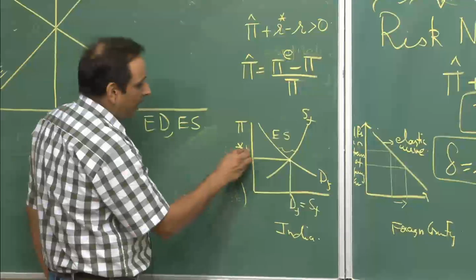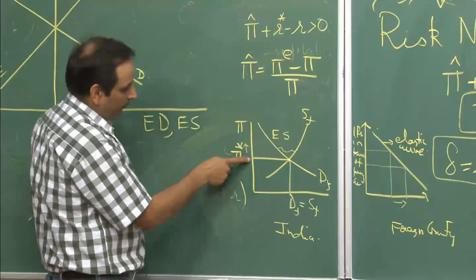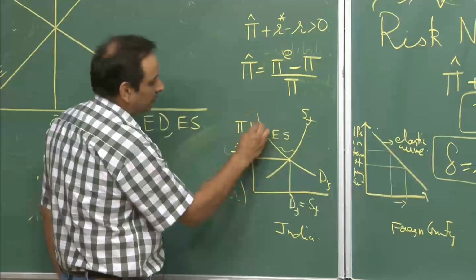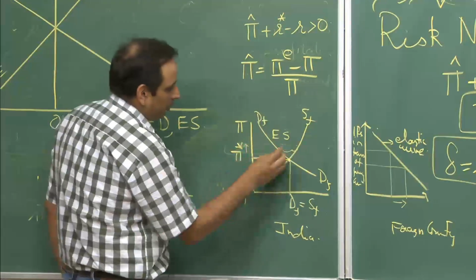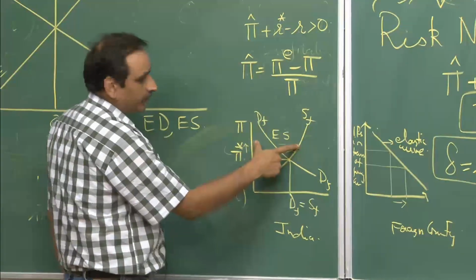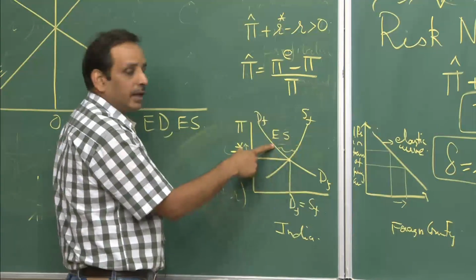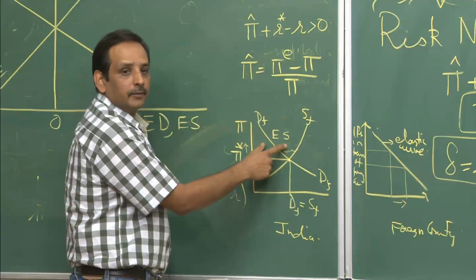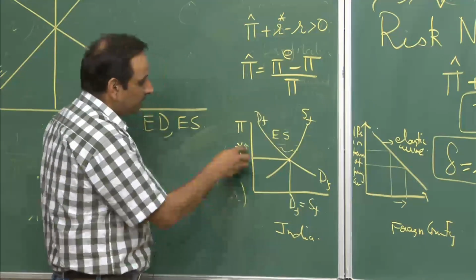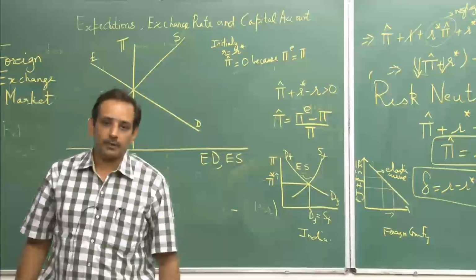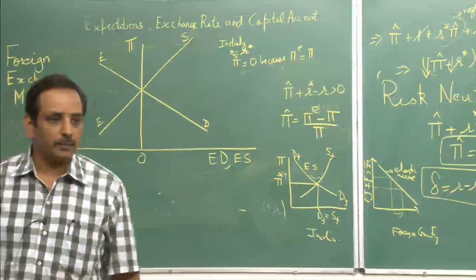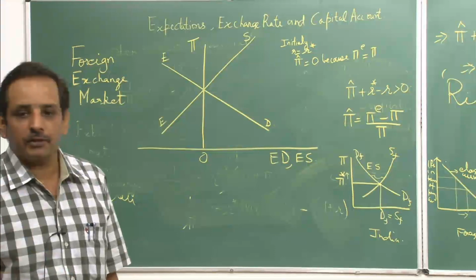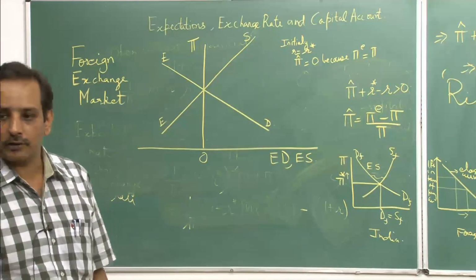If pi goes up, if pi goes beyond pi star, then you can see what happens. You have a disequilibrium situation where the supply of foreign exchange is greater than the demand for foreign exchange. You call this excess supply. And the reason this is happening is because if pi goes up, there is appreciation of the foreign currency or depreciation of the local currency.